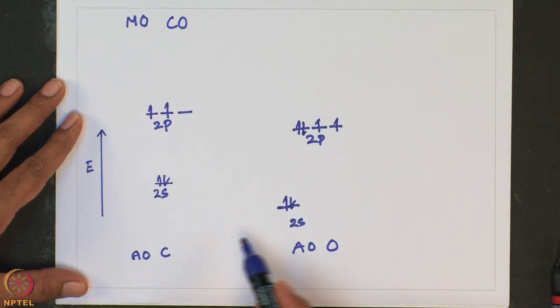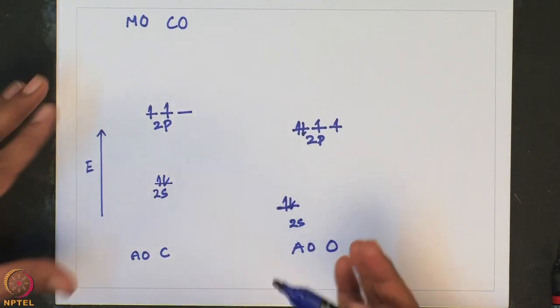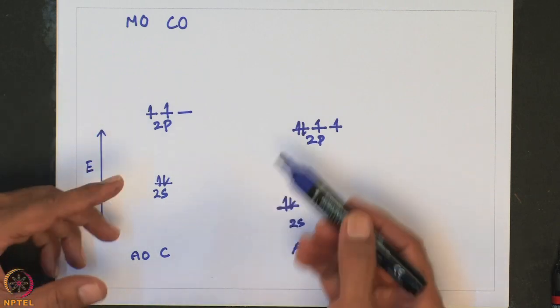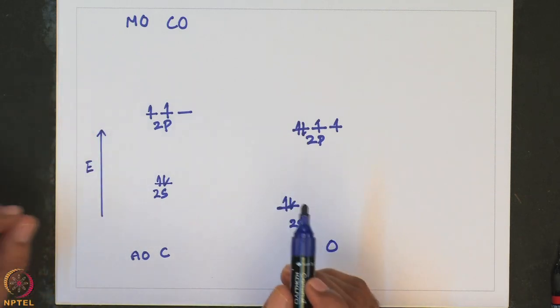So, first, I am showing you the mixing now. Both 2s and 2p mix, and just remember which orbital 2s is mixing with and what is the nature of that bonding, whether it is sigma bonding or pi bonding.